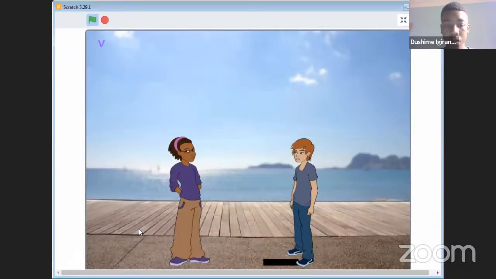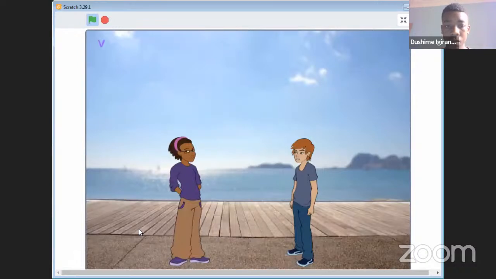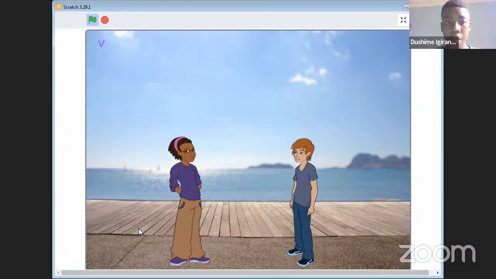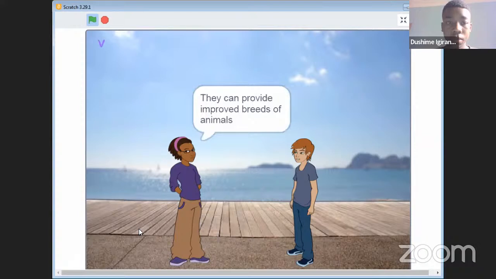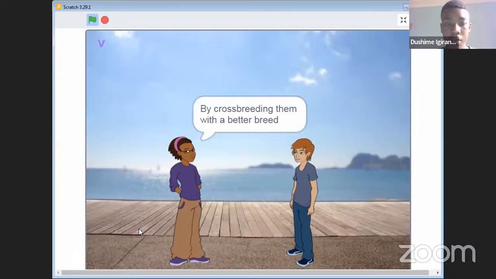If more projects like this are started, crop growing would become easier. Those are all very good ideas. But how can they improve livestock farming? They can provide improved breeds of animals. How do you improve animals? By crossbreeding them with a better breed.